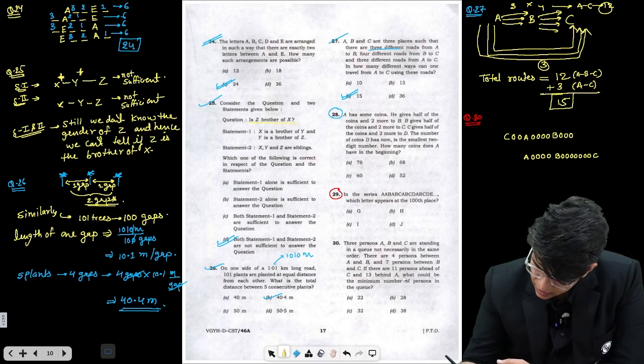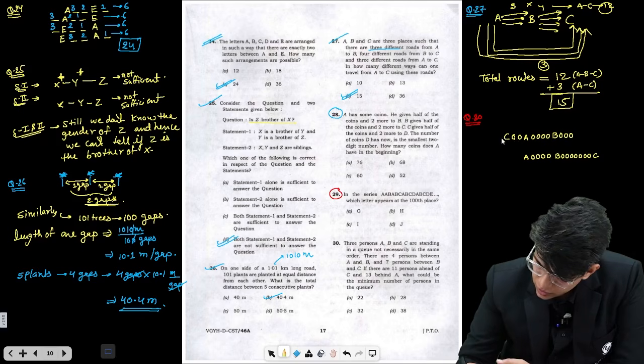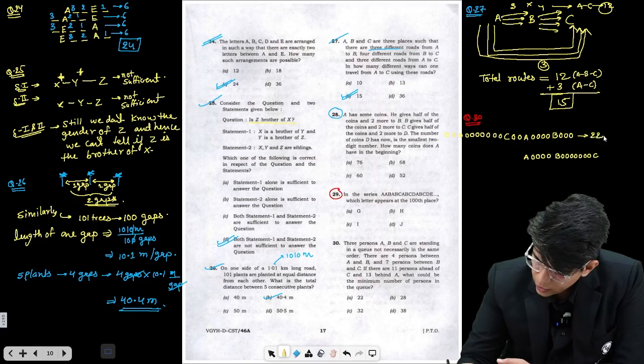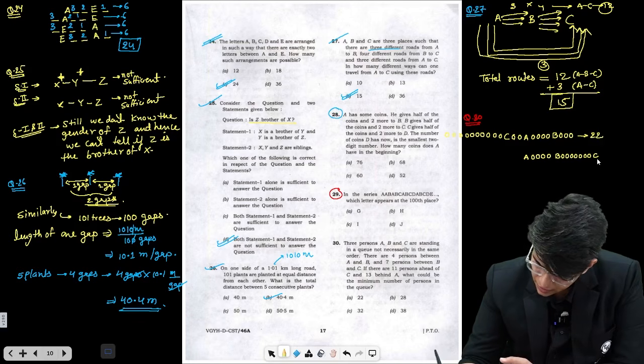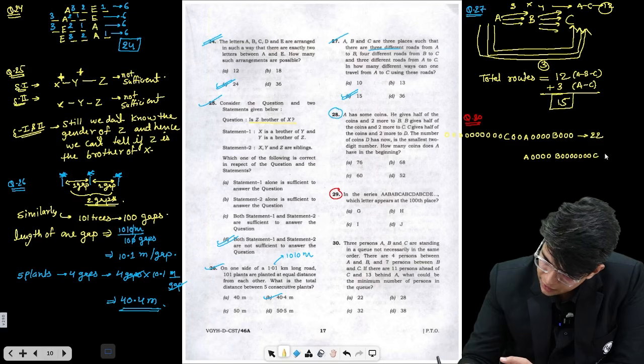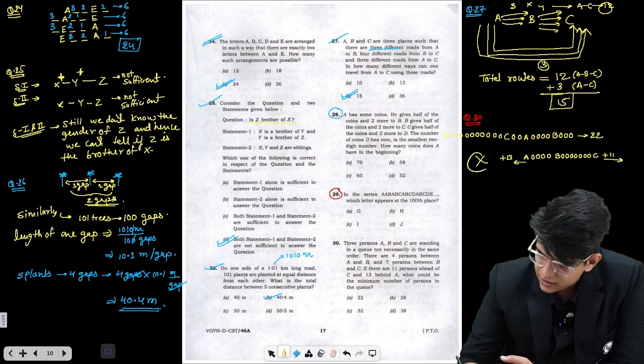There are 13 people behind A. 1, 2, 3, 4, 5, 6, 7, 8, 9, 10, 11, 12, 13. So if you count all these, you will get 22, right? Here, if you take 11 people ahead of 1, 2, 3, these are more than 11. So you have to go 11 this side. Okay, similarly, this will be behind. So plus 13 this side. So you can't take this option.